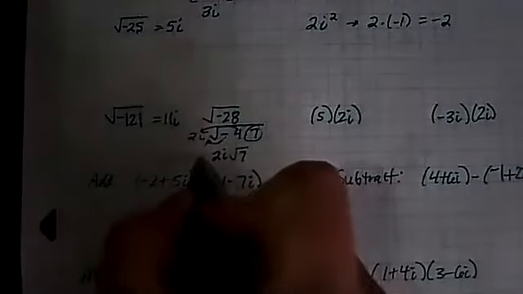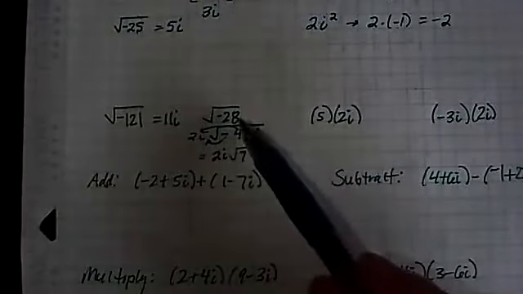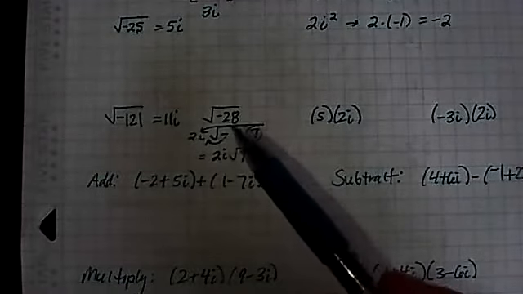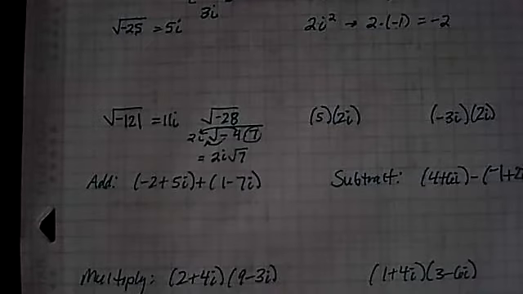Now I'm hoping in your last class you worked on breaking down radicals a little bit. If you didn't, then let me know. We can do some practice on that, but you really need to be able to break down a radical, okay? And that's just doing this, finding perfect squares in it, or you can break it down to prime numbers. And then if you have 2 of that same prime number, you can pull it out.